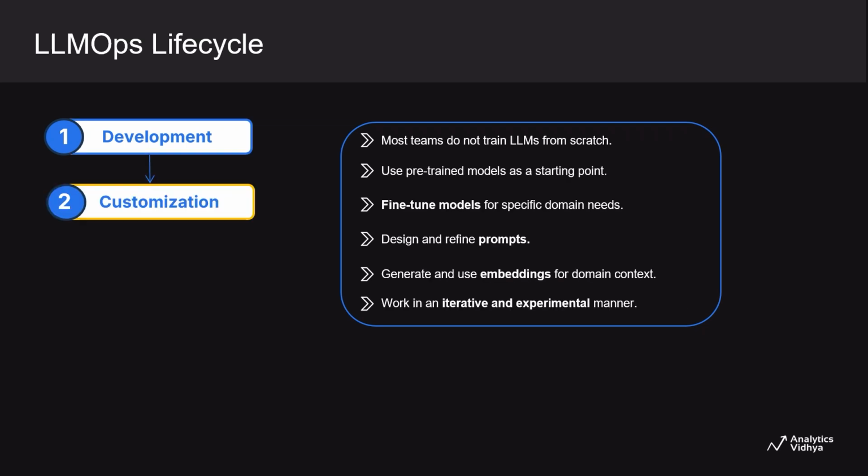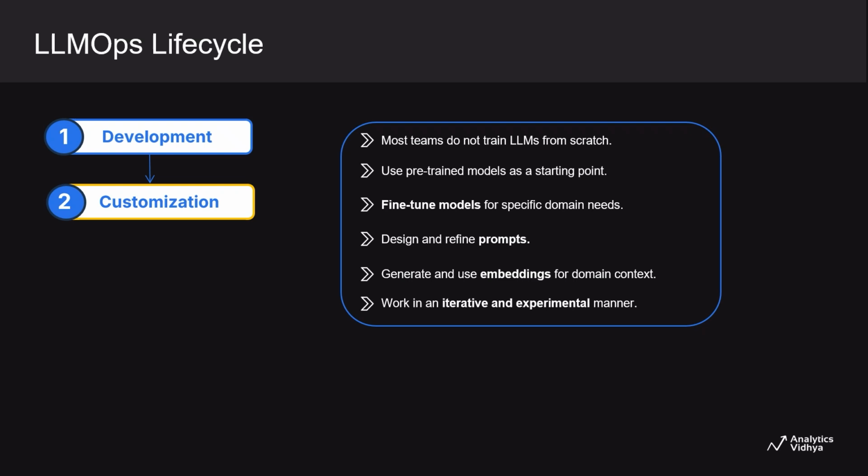The second stage is customization. Most teams do not train LLMs from scratch. Instead, they use pre trained models as a starting point. Customization may involve fine tuning models for specific domain needs, for example, adapting a general model to legal or healthcare terminologies, designing and refining prompts.